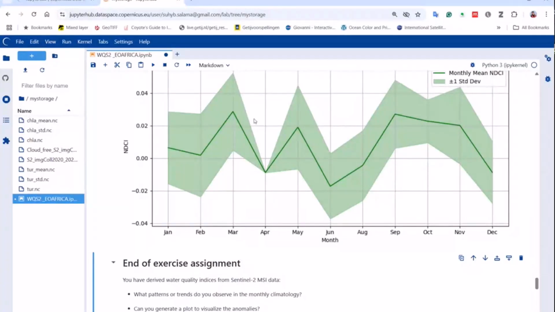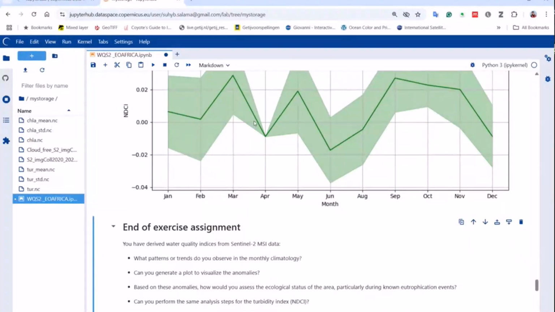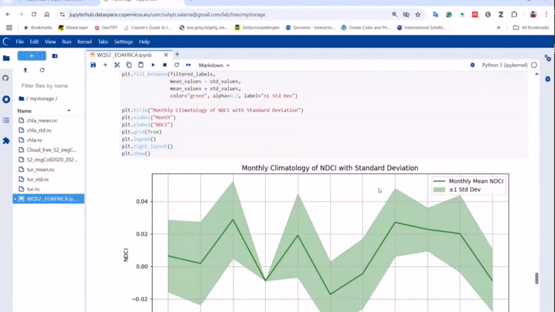You can do the same thing to calculate the anomalies and get exactly the same thing, and then you can calculate the value of anomalies, how many months were above the mean and how many months were below the mean.